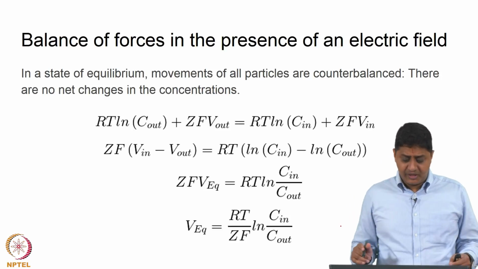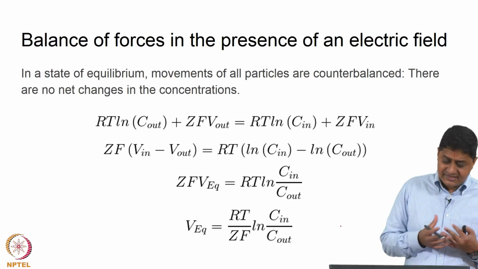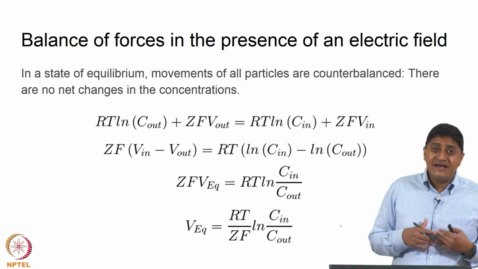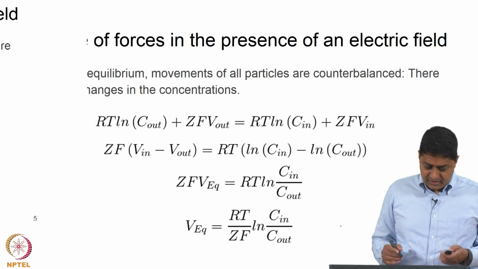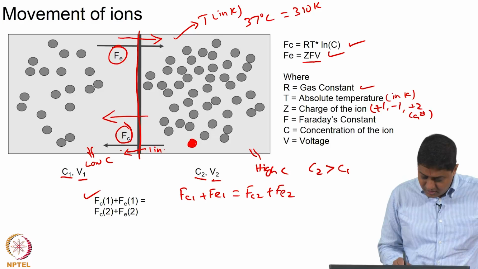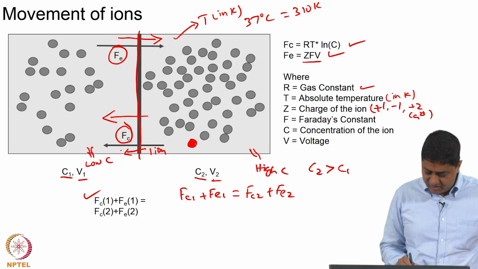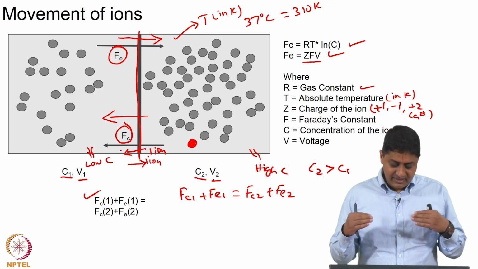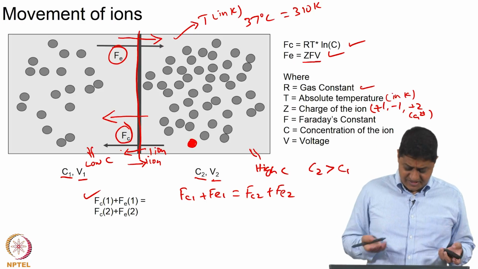So, in this state of equilibrium, what happens is that although there may exist a concentration gradient, there will be no more net movement. It is possible that in the previous case, one ion goes from right to left, suppose. It is also possible that the probability of another ion moving from left to right is also approximately the same, such that the net force or the net movement is approximately 0, right.